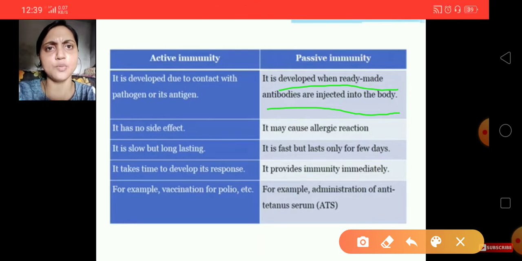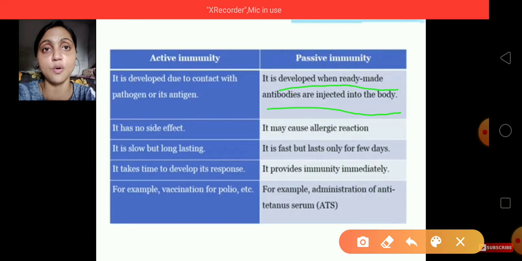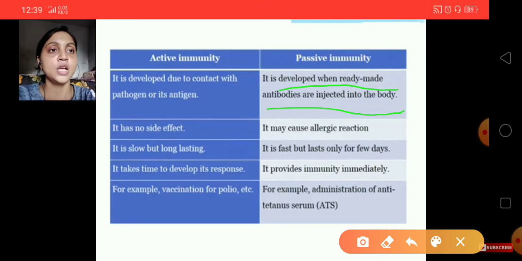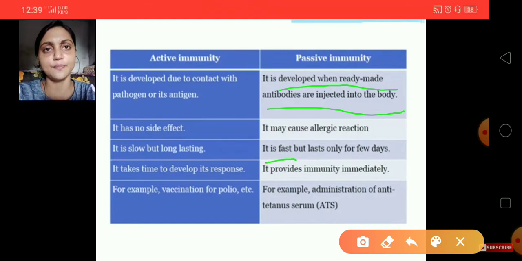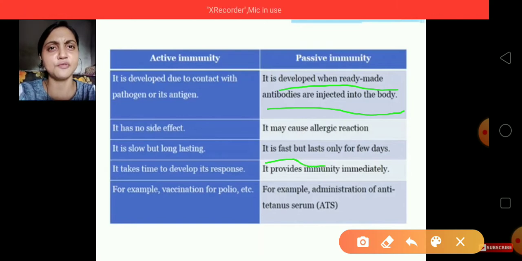We get ready-made antibodies from our mother when we are inside the mother's womb, and when we are transfused with blood where the antibodies are already there. As the antibodies are already there, it is very fast and will prevent the disease very fast, but it will only last for a few days.